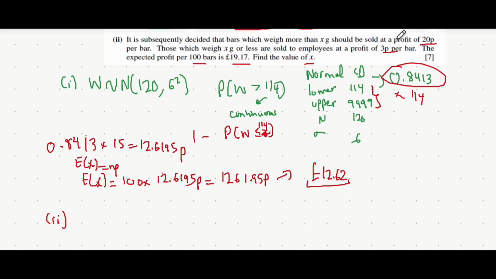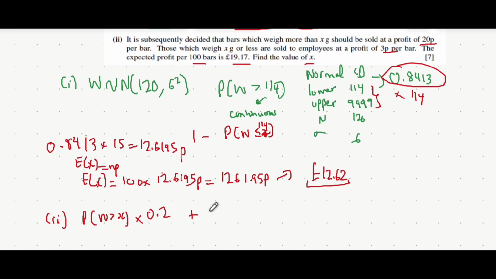So what we know is that, let's break this down. The probability of a bar being more than X, you multiply that by 0.2 because that's the amount of profit that you'll get in pounds for each of those bars.